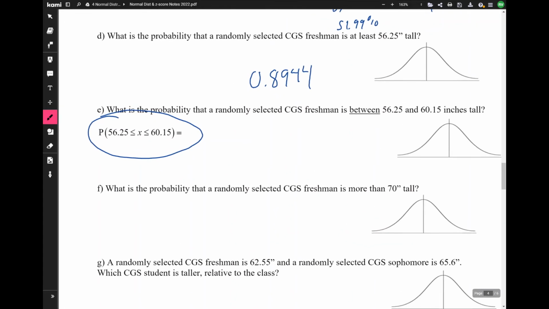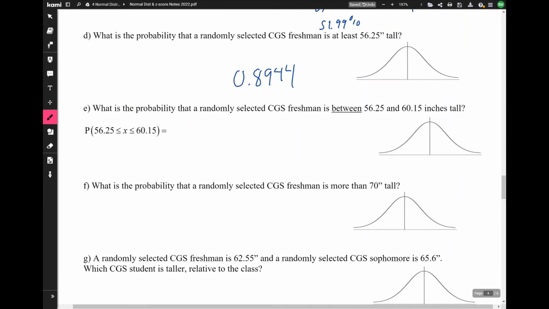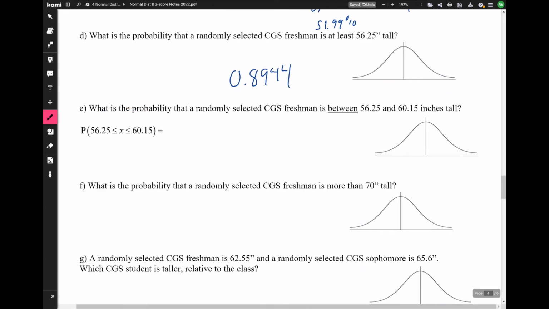So you write it as a compound inequality: 56.25 less than or equal to x less than or equal to 60.15. The picture here, again, the mean is 60. So 60.15 is just to the right. 56.25 is about here. So the area between them, that's what we're trying to find.